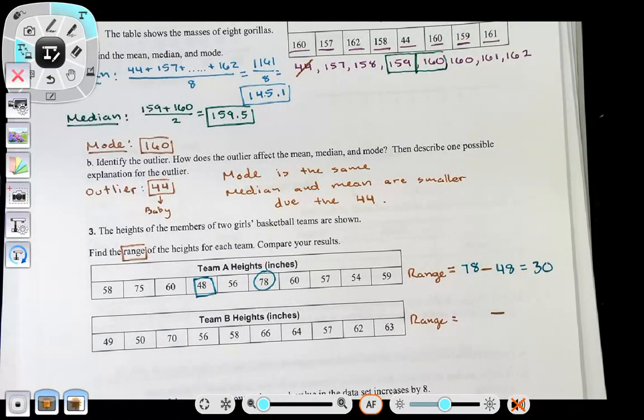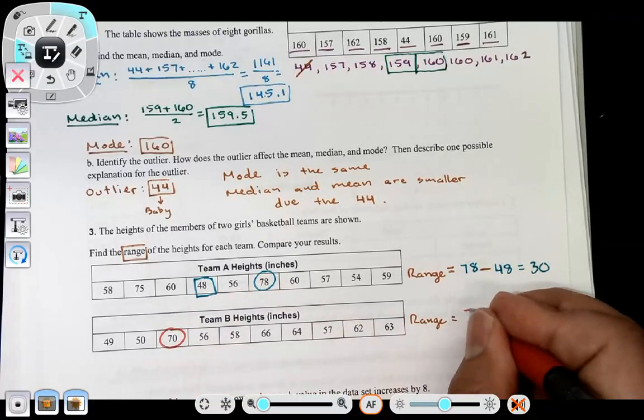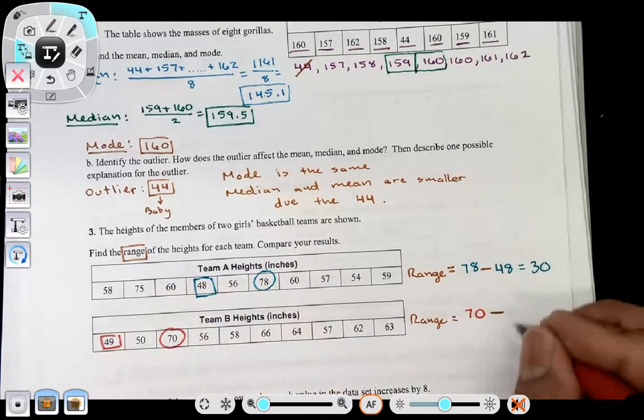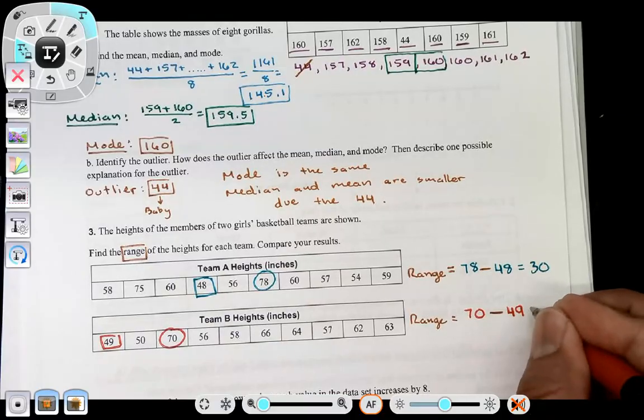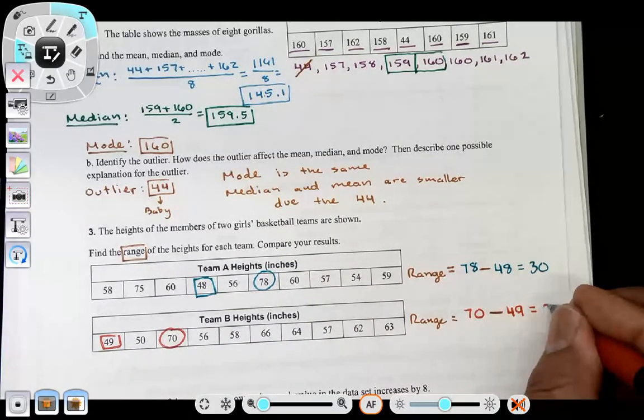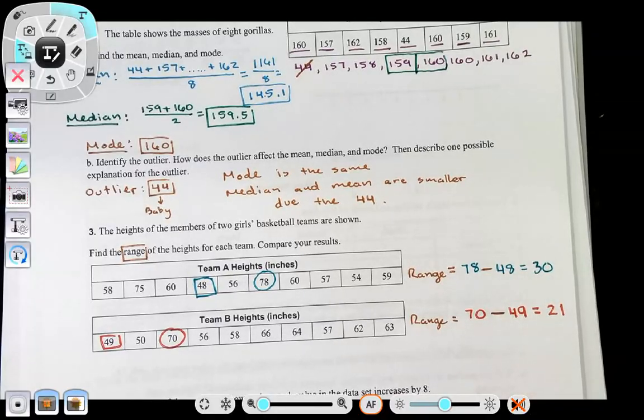What about for the other one? Who's the tallest? 70. Okay, so 70 is the tallest. Who's the shortest? 49. Yeah, it looks like 49 is the shortest. So 49. All right, and if you subtract those, what's the range for this one? 21. So who has more spread?